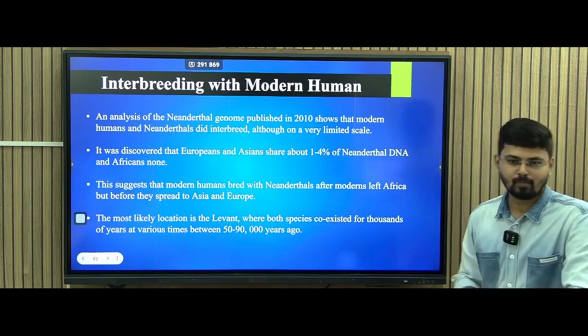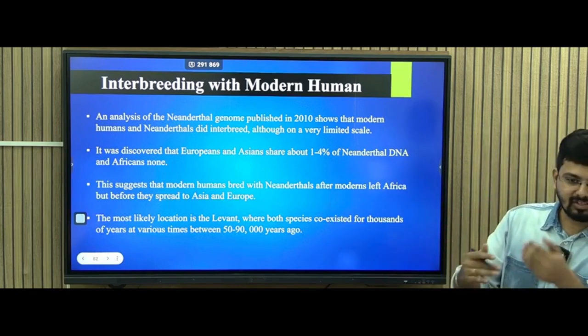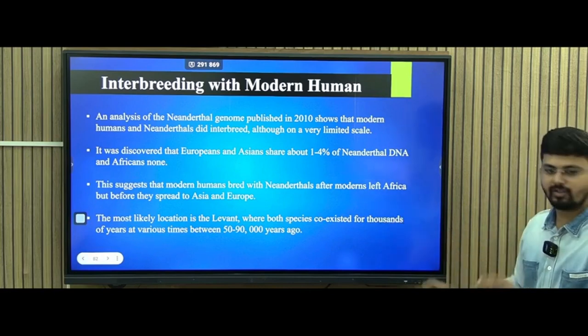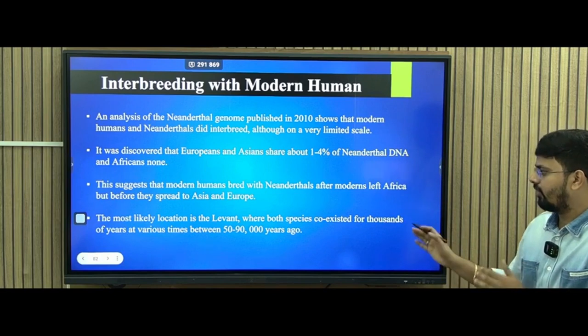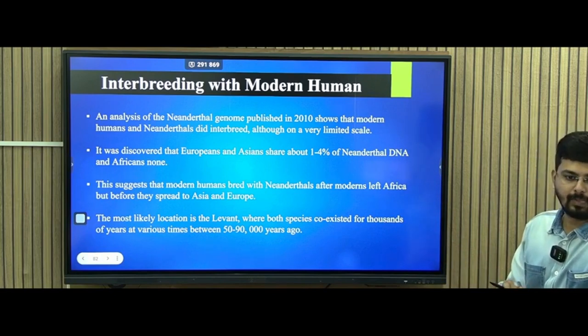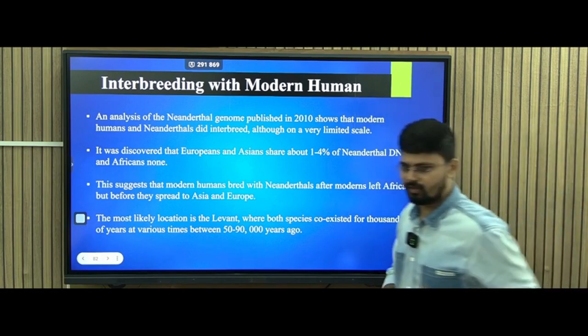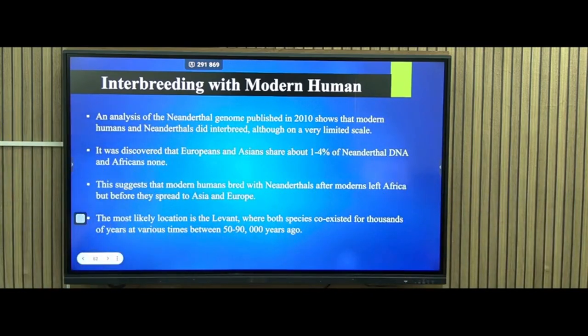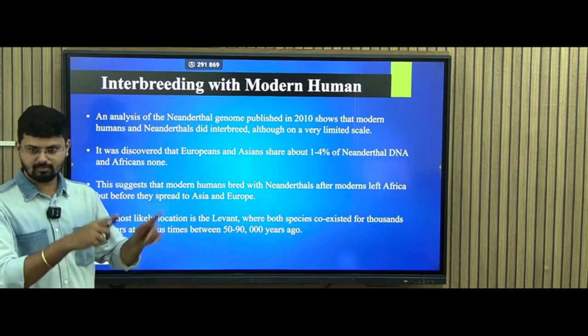Where did they undergo this interbreeding? The Levant region, where both species coexisted for thousands of years, between 50 to 90,000 years ago. So they might have stayed together for some thousands of years. That place is considered as Levant. You know the Levant region, right? It is in the Middle East.